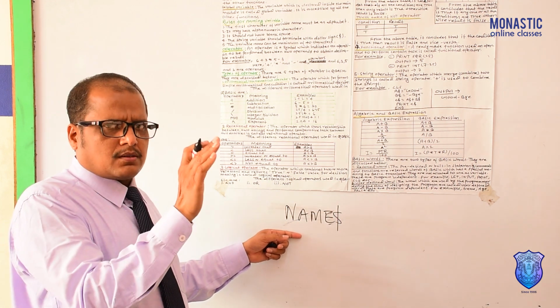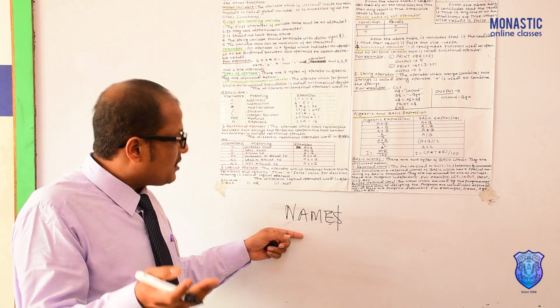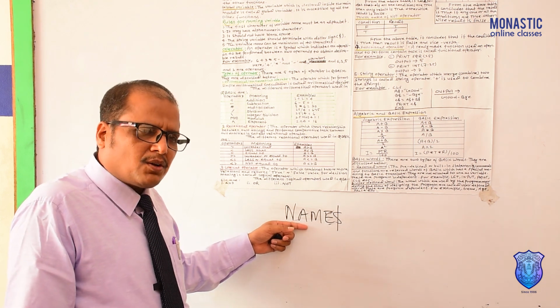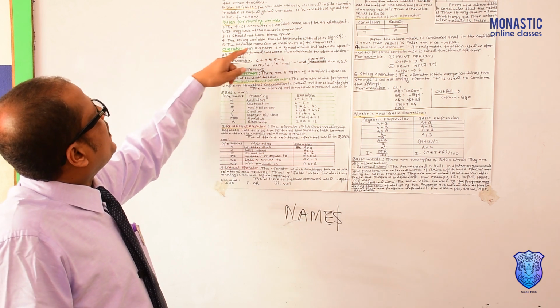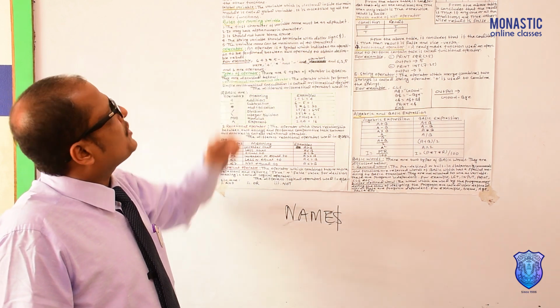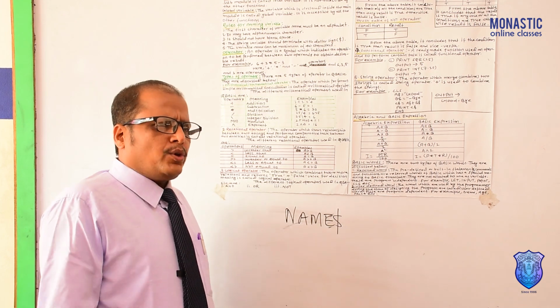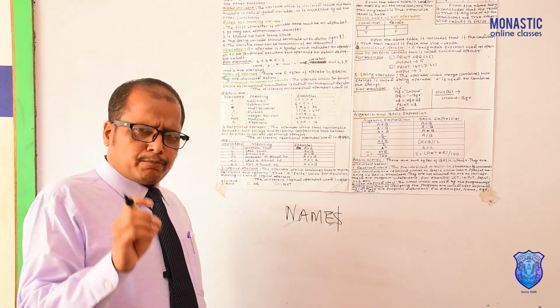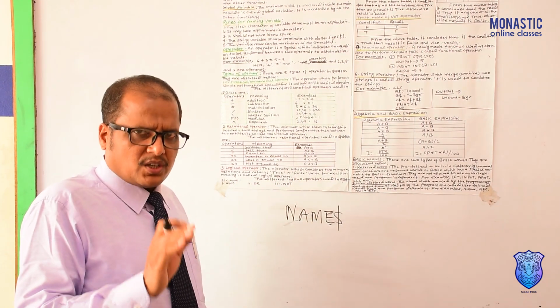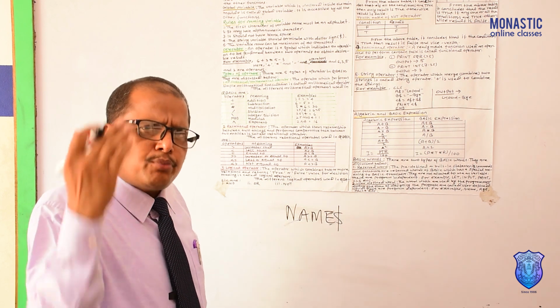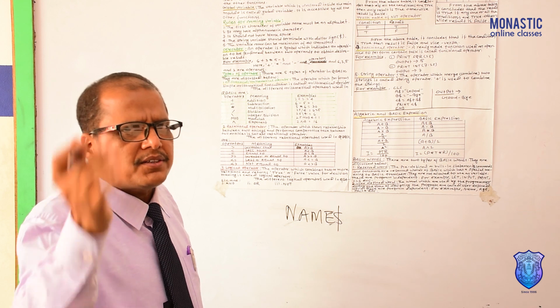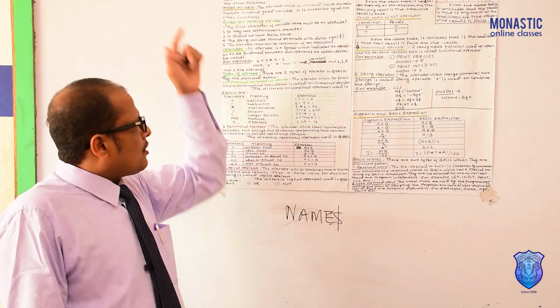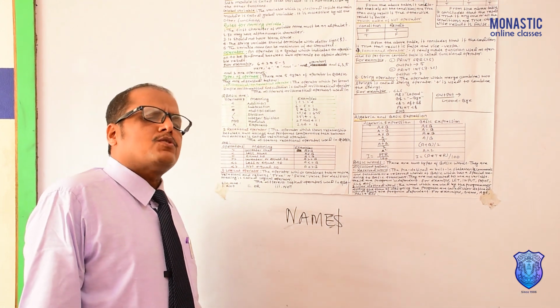I have discussed previously what a string variable is and what a numeric variable is. Move to another. The variable name can be a maximum of 40 characters. That means we can use a variable name up to 40 characters. If we use more than 40, then that is considered invalid.